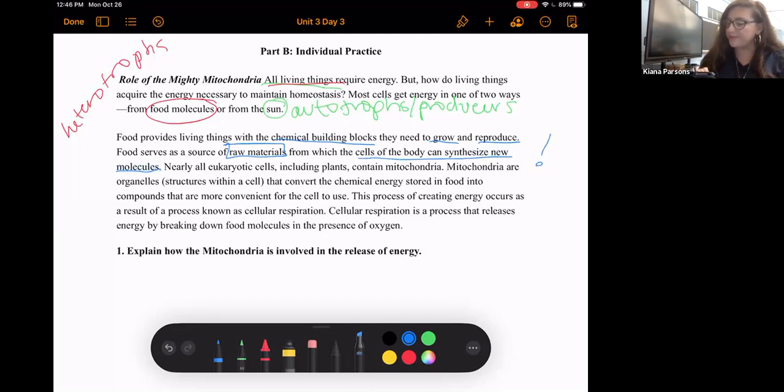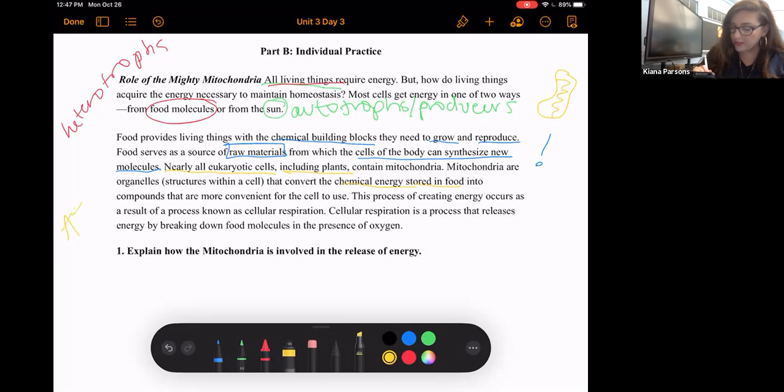Nearly all eukaryotic cells, including plants, contain mitochondria. Right? So there's our mitochondria. Isn't it neat? Mitochondria are the organelles that convert the chemical energy stored in food into compounds that are more convenient for the cell to use.